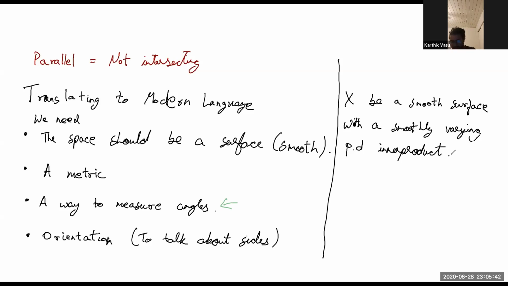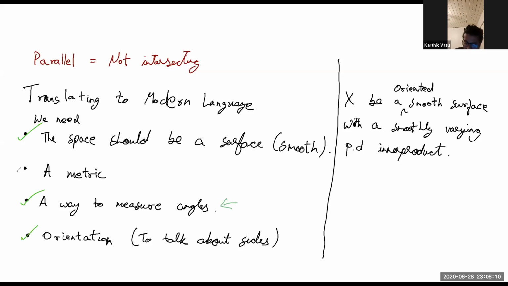Okay, so now this satisfies everything, right? Oh, I have to add oriented. So this satisfies all the things I need. It is a smooth surface. It has a way to measure angle. It has orientation.